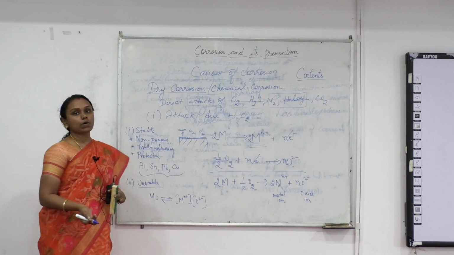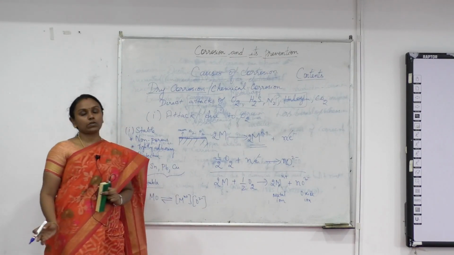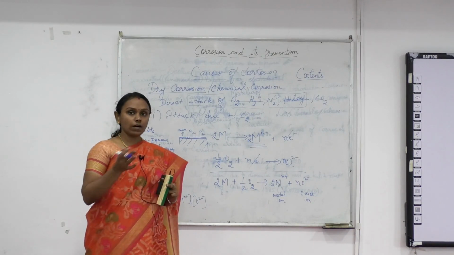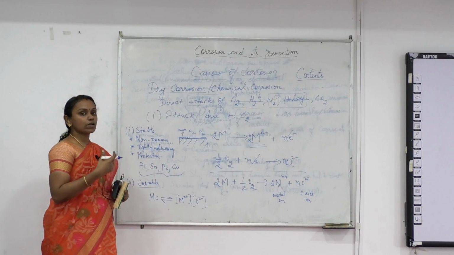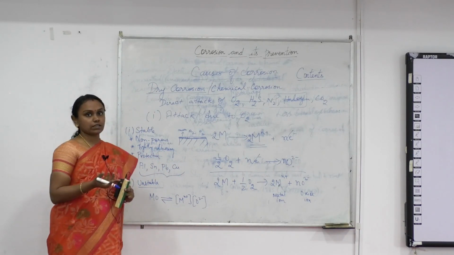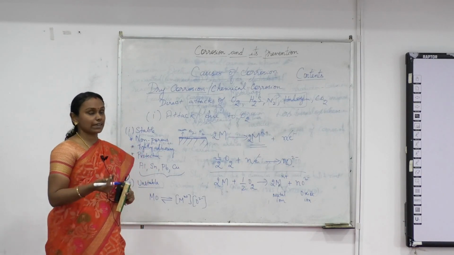So it's a reversible process. Such metals will not corrode at all. Once the metal oxide layer is formed, again it will go back to the original state. Since the metal oxide that is formed is unstable, corrosion is not taking place at all. That is the second type.